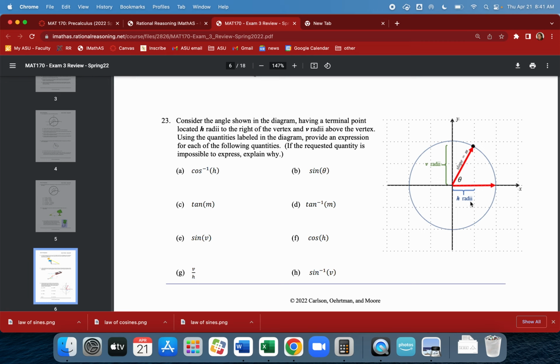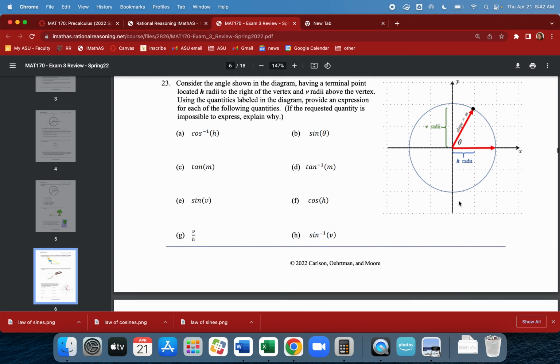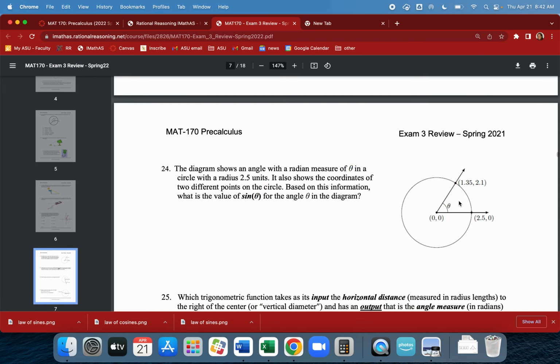I can't tell what it is, but the vertical is going to be 7 times v. You can make up numbers if you want, but just realize that v and h are going to be something less than 1, because those are certainly smaller than the radius.